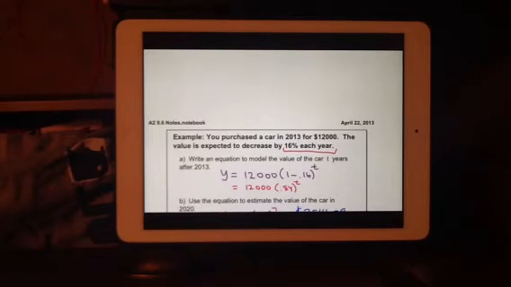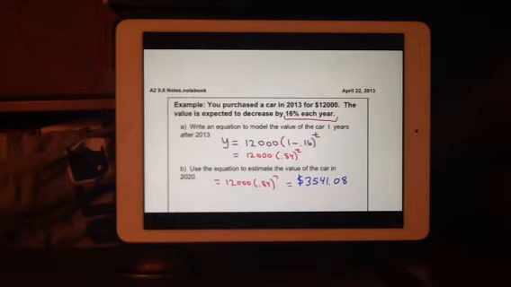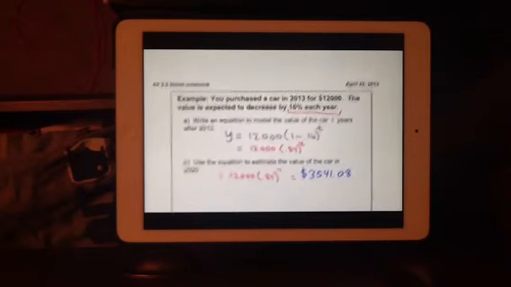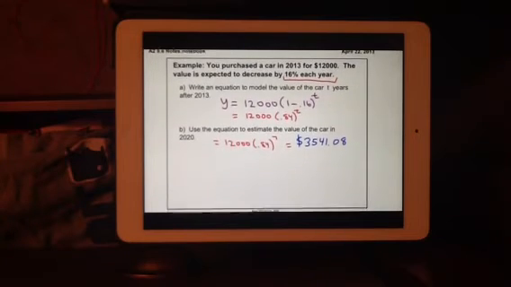We just need to figure out how many years went by. From 2013 to 2020 would be 7 years, so our exponent becomes 7. This is just a calculator problem. Make sure we do our order of operations, where we need to do the exponent first. We should get an answer of $3,541.08.